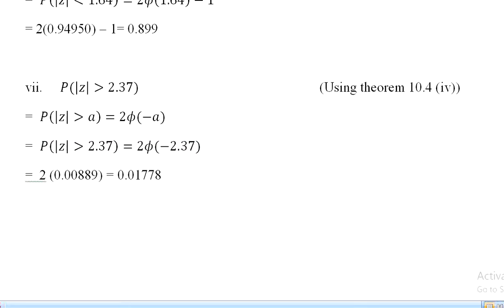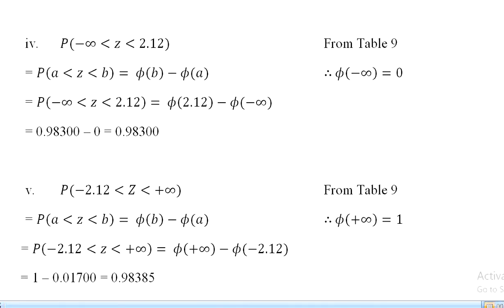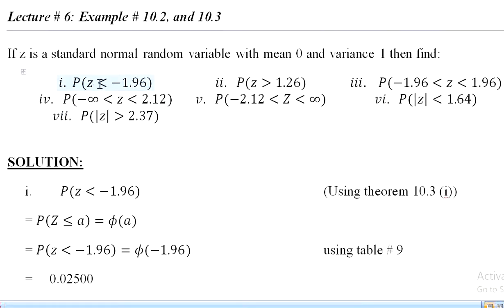Today I told you in which cases we find the probability of standard normal. Less than is already in less than form, that is equal to phi of a. If it is greater than, that is 1 minus phi of a. If it is a between case, you have phi of the larger, upper value minus phi of the lower value. Further we discussed that if we have a lower limit of minus infinity, that is equal to 0, and an upper limit of infinity, that is equal to 1.